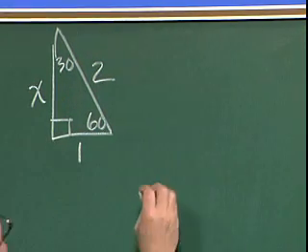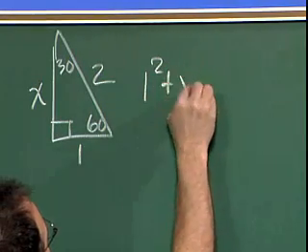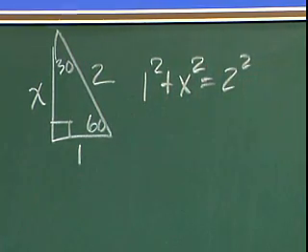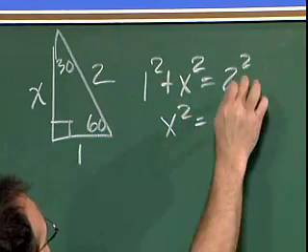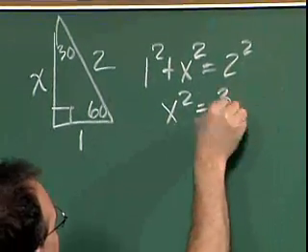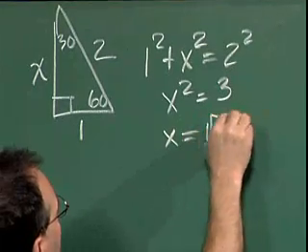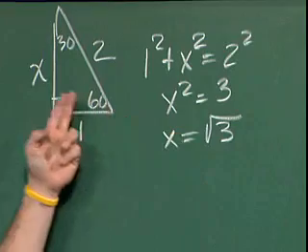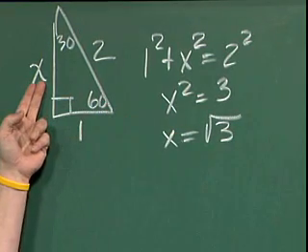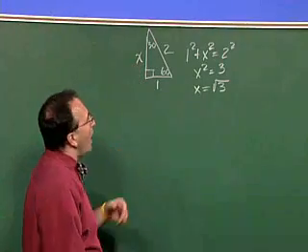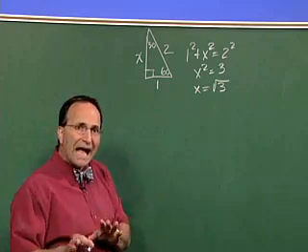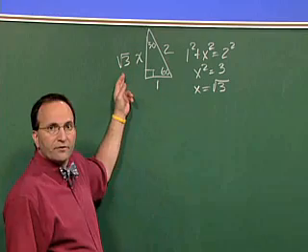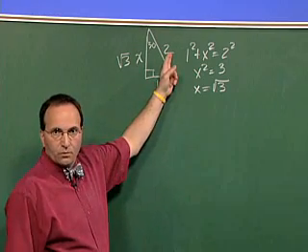So we can set up that 1 squared plus x squared equals 2 squared. And that means x squared equals 4 minus 1, which means x is equal to the square root of 3. We only take the positive root because, of course, we're dealing with the length of the side of a triangle. So our triangle then has the three sides, 1, square root of 3, and 2.